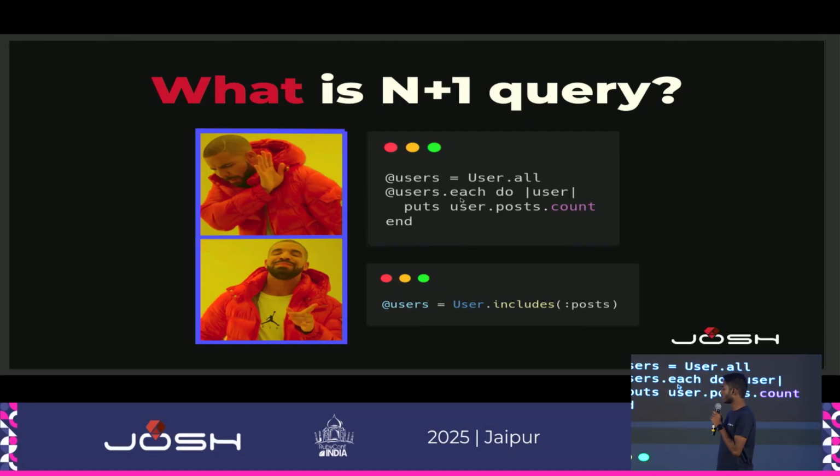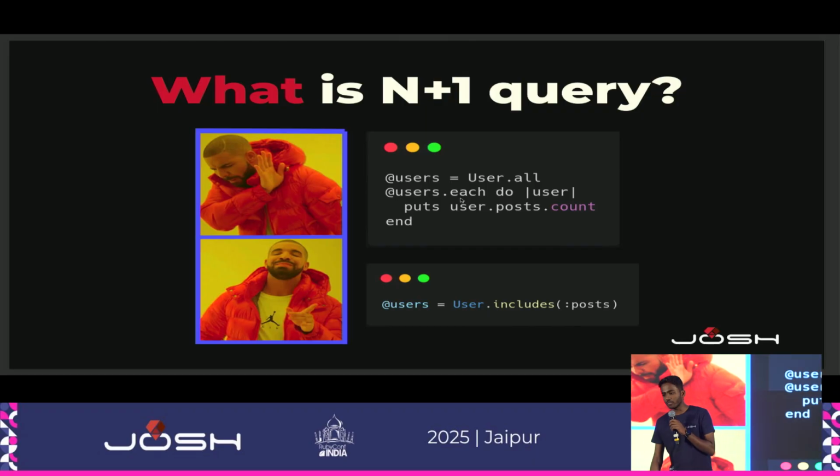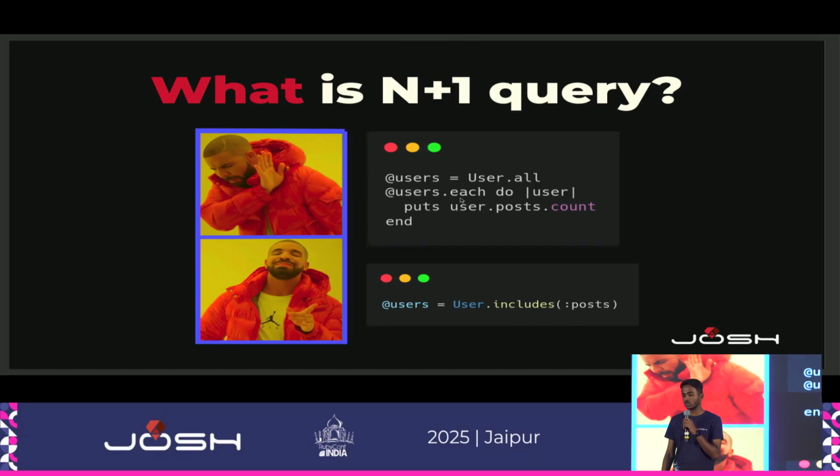So the reason your app crawls like a snail in production is n+1 queries. And first of all, what is an n+1 query? To explain it, let me quickly walk through this example. Here, first I am fetching the data of all the users.